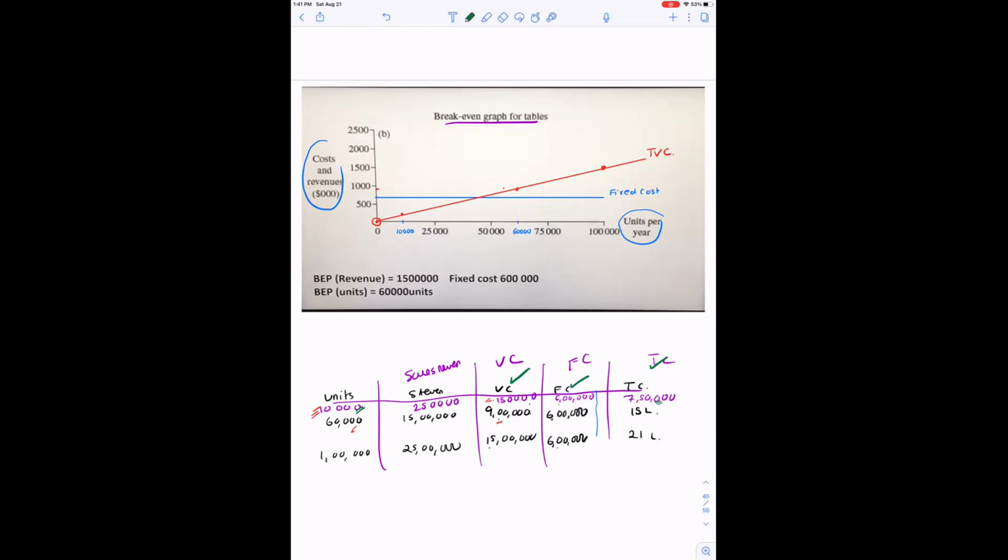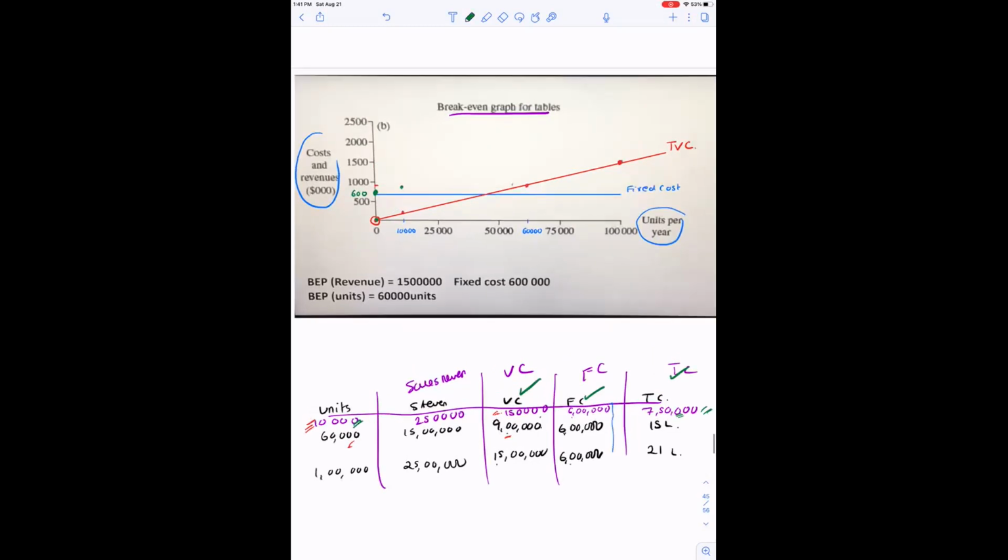If I'm producing 0 units, my total cost will start from here. It will start from the fixed cost, that is 6 lakhs. If I'm producing 10,000 units, my total cost is 7,50,000, somewhere below the 9 lakh.